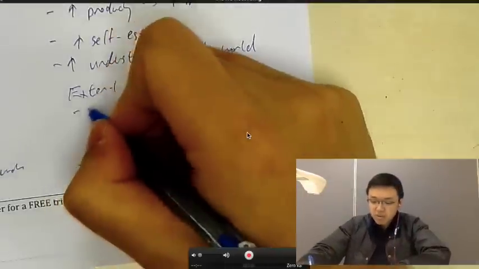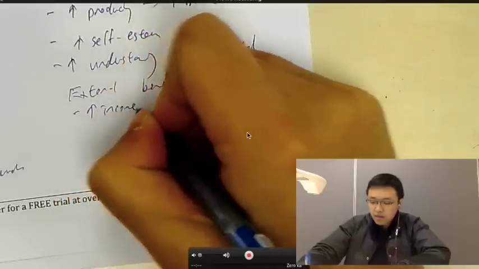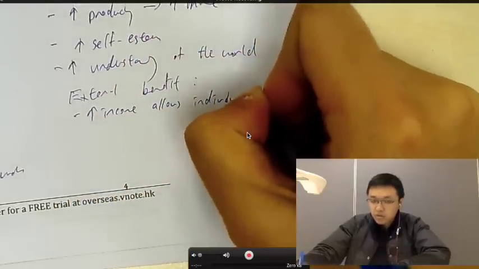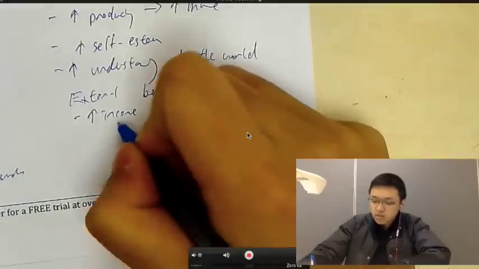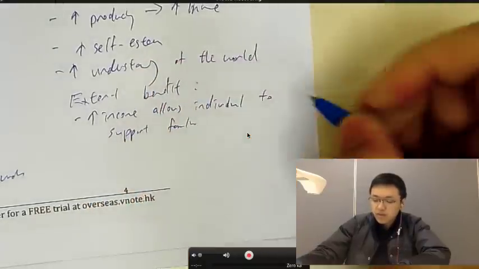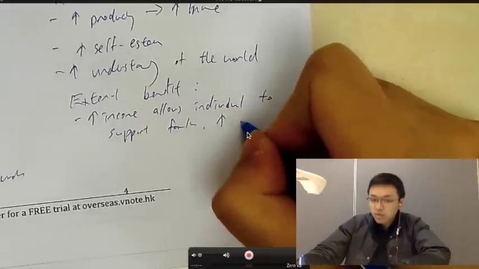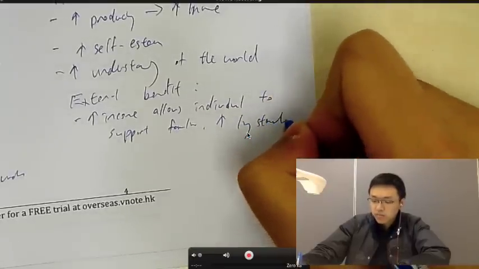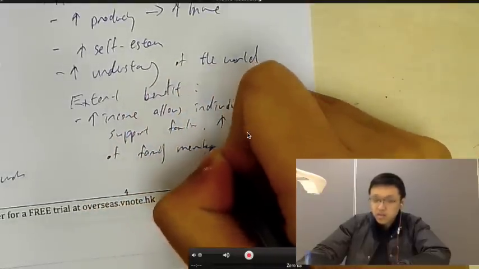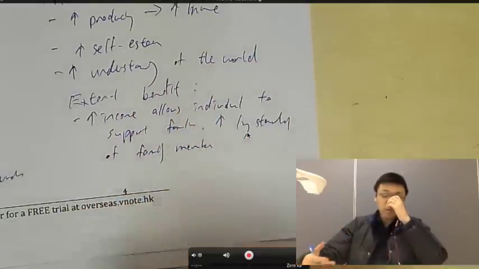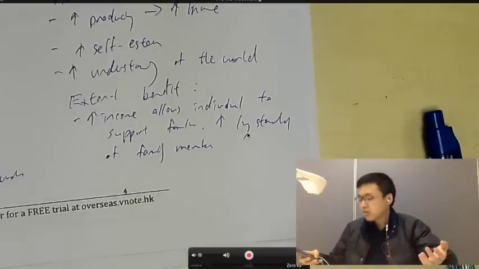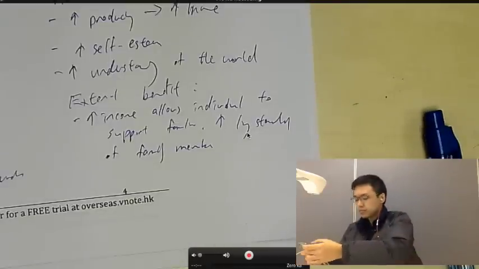For example, higher income allows an individual to support families, and therefore it can improve the living standard of family members. Let's say after going to university, you earn big bucks, you can support your family members.